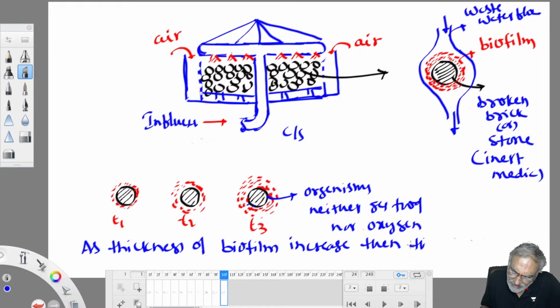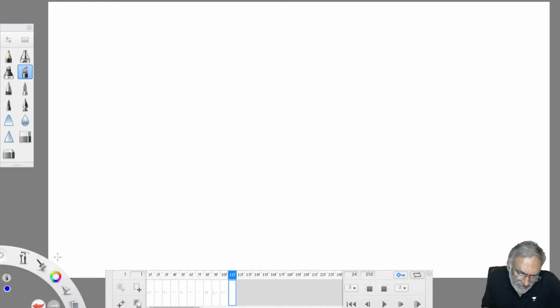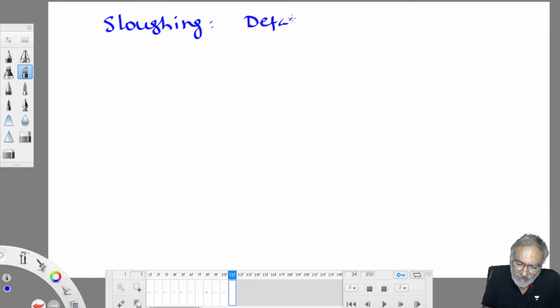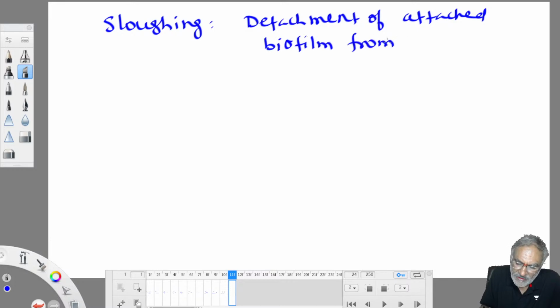The sloughing definition they are asking: what is sloughing? Detachment of attached biofilm from the inert surface is called sloughing.